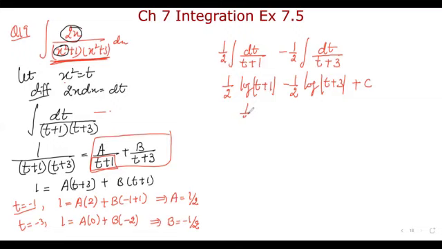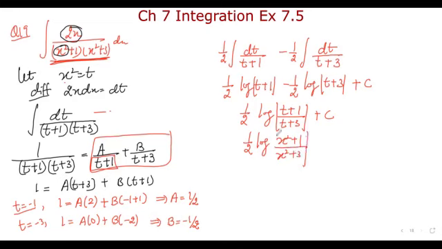Half is common. Log a minus log b is log a upon b, plus c. We write t as x² plus 1 upon x² plus 3 plus c. If our question is in x, then the answer will not come in t.